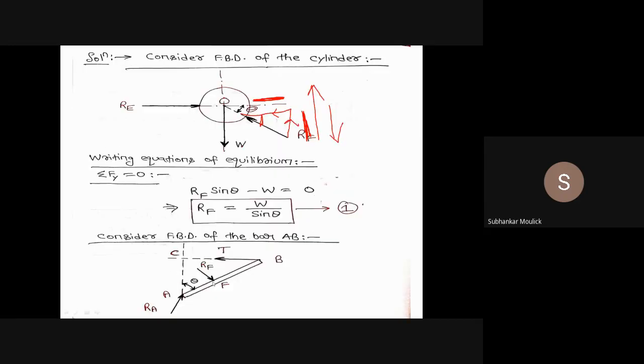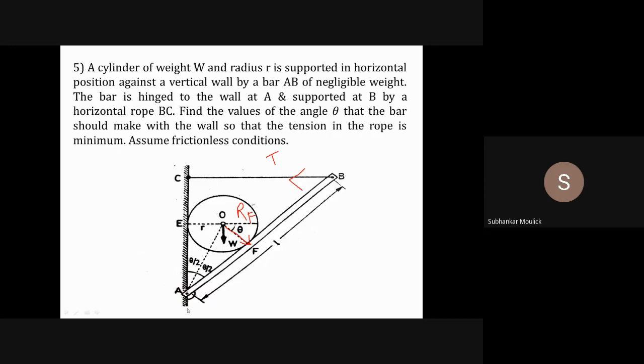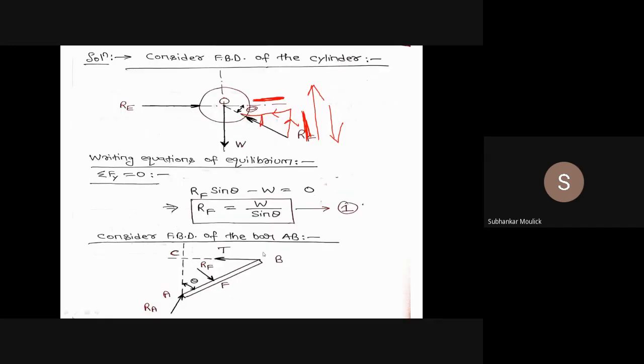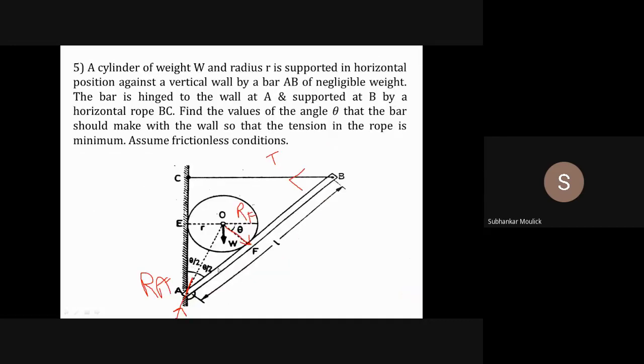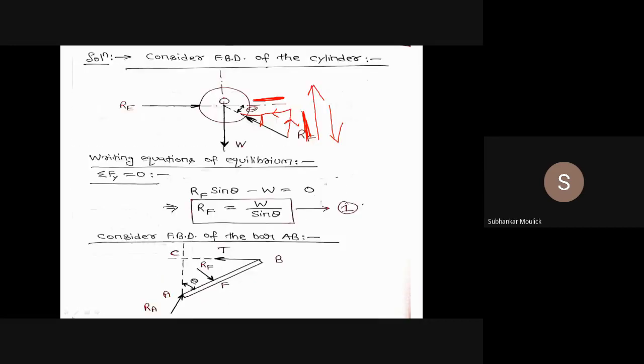This is my RF, and since point A is a hinge point, the bar AB can rotate freely about point A. So along the line of action AO, the reaction of the hinge will be present. This is the reaction RA. So this is the complete free body diagram of this inclined bar AB: RA, RF, tension T, and this angle is theta.